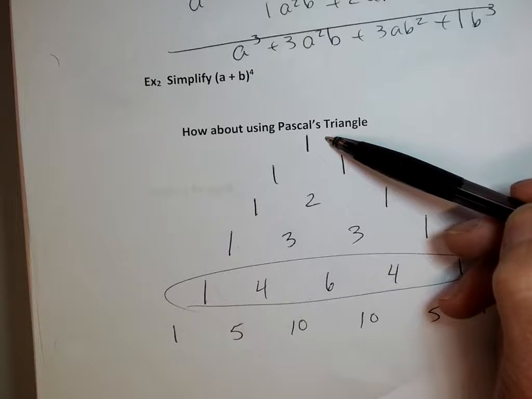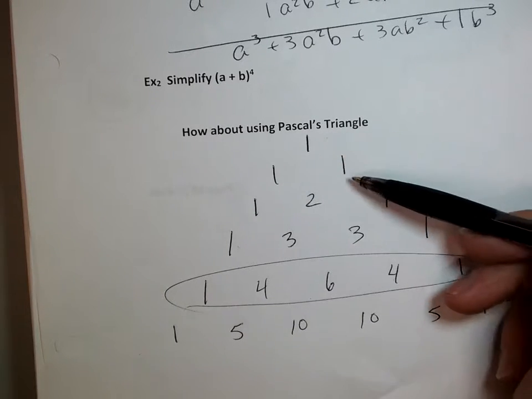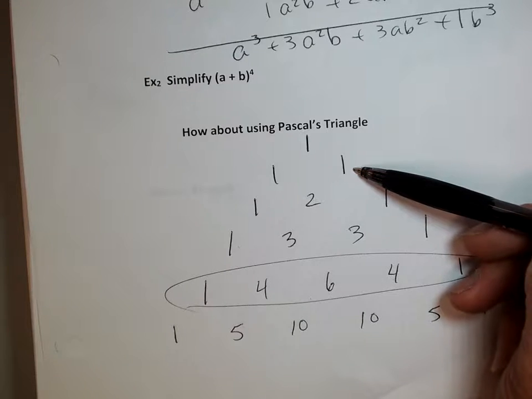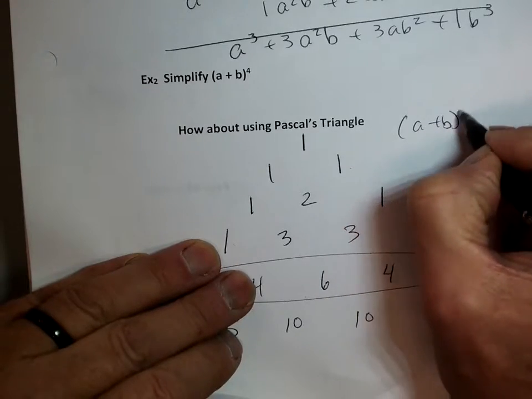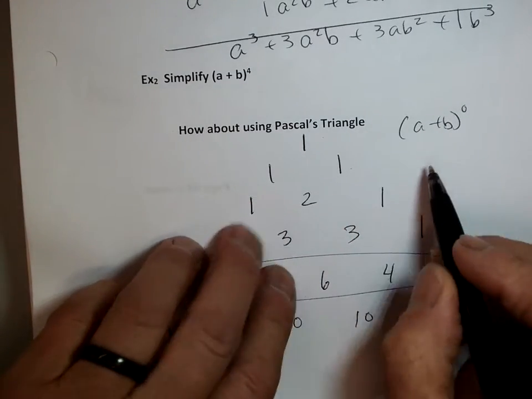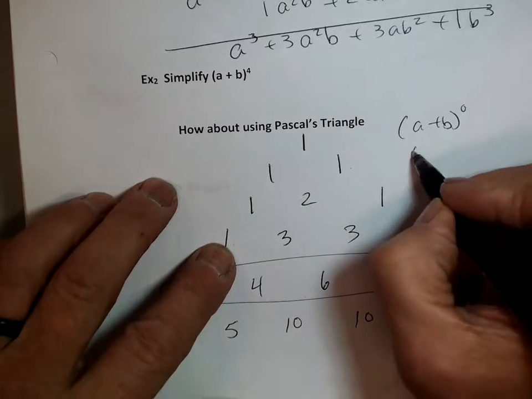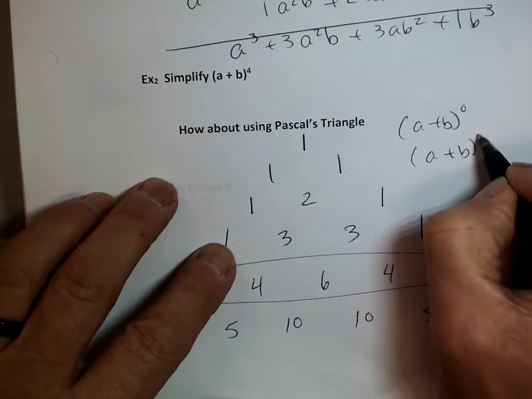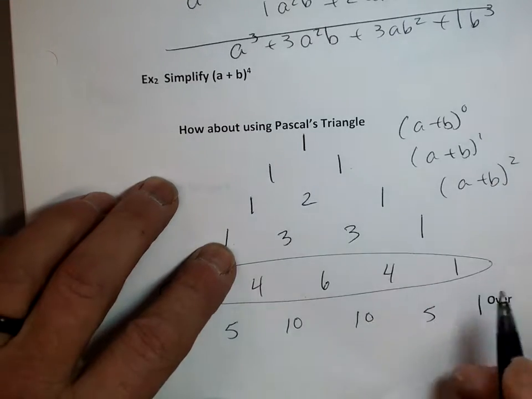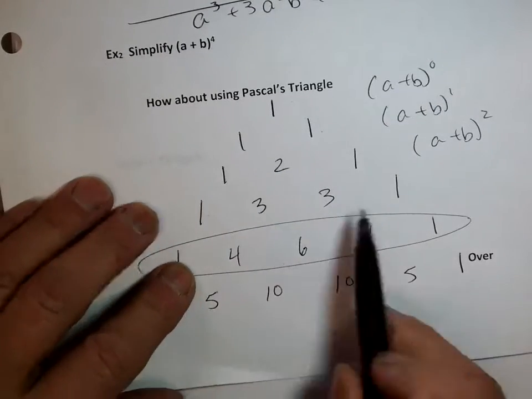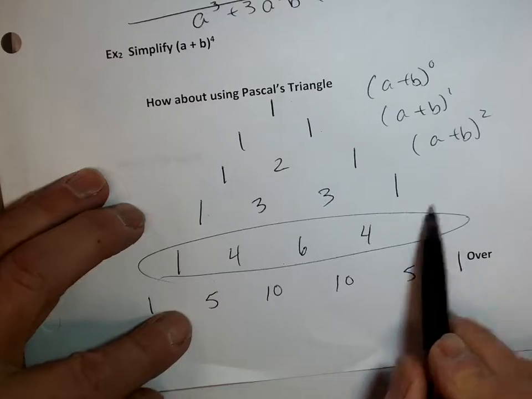Because anything to the 0 power is 1, right? This is my first row, which would be just an a plus b to the 0 power. This is like an a plus b to the 1 power. This would be like an a plus b squared, a plus b to the 3rd, a plus b to the 4th.